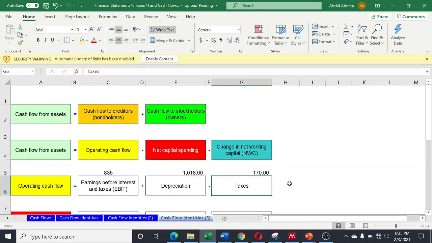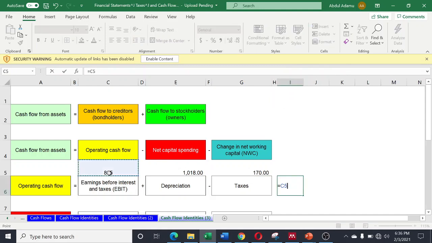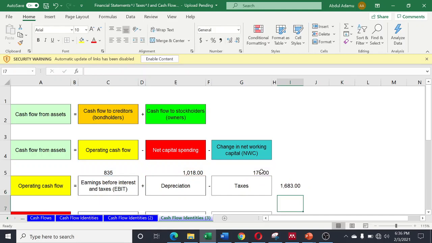So if we bring this together here, this is equals to this plus this minus this. So our operating cash flow is this, 1,683.